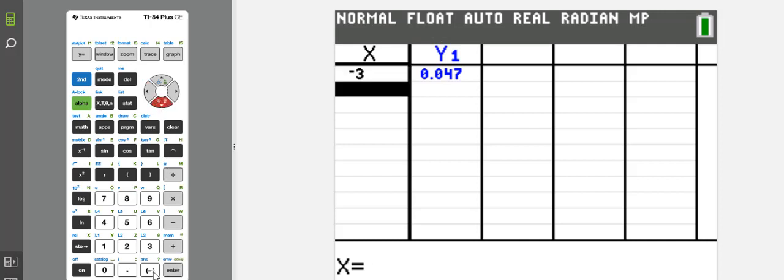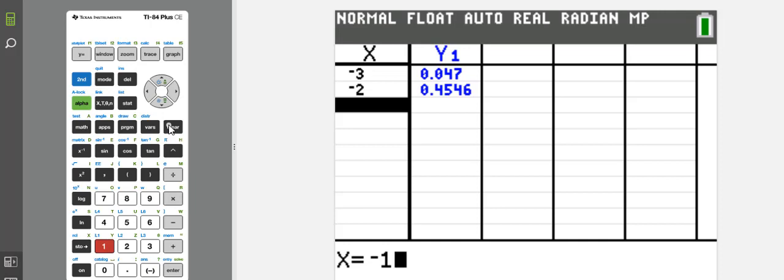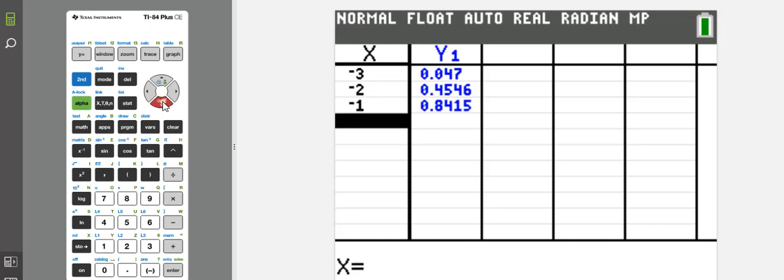What about when x equals -2? It's 0.4546. What about -1? It's 0.8415. Now, remember, we want to get closer to 0. So what is a closer number to 0 than -1? Well, let's try -0.5.